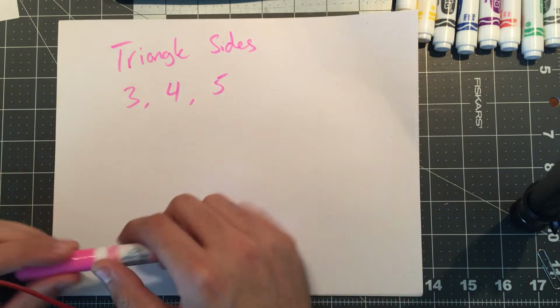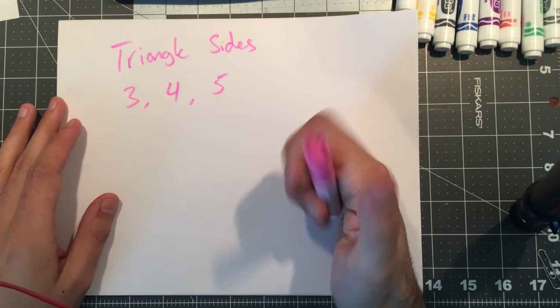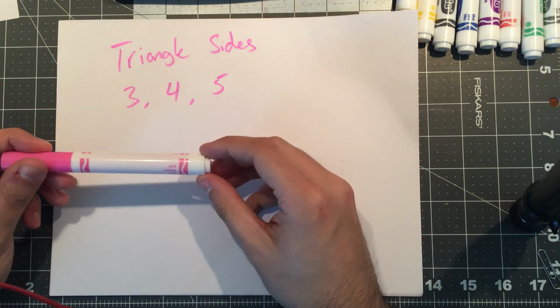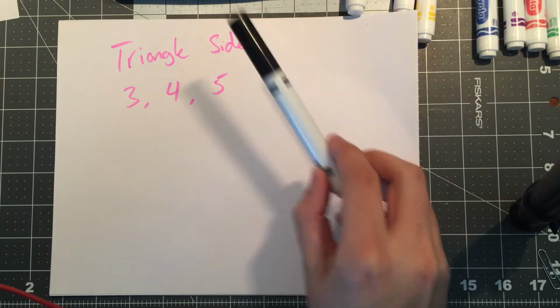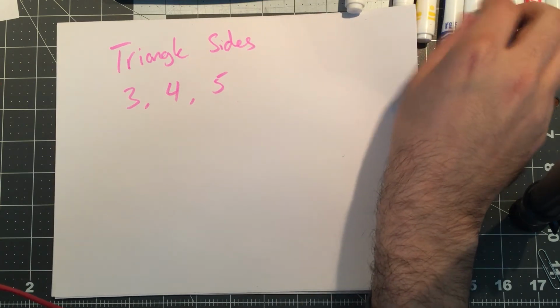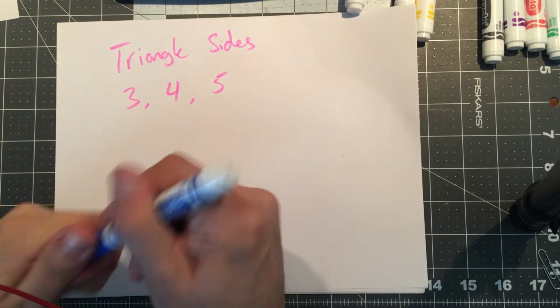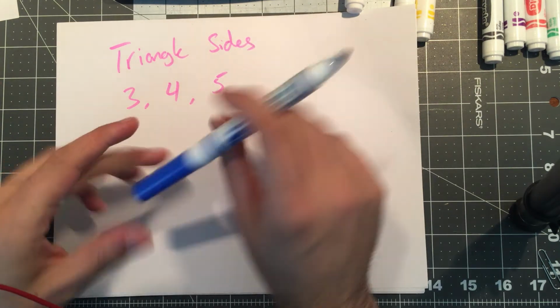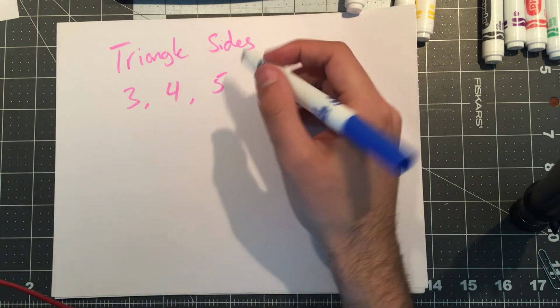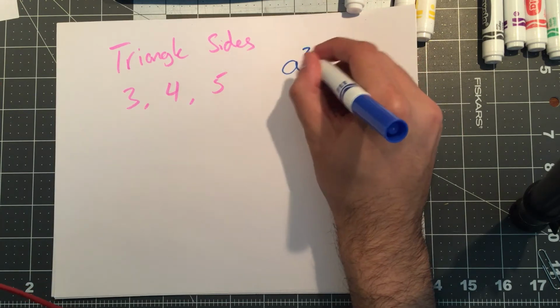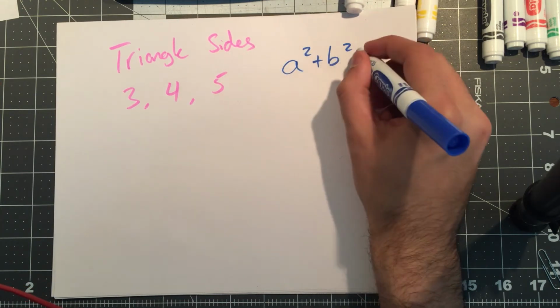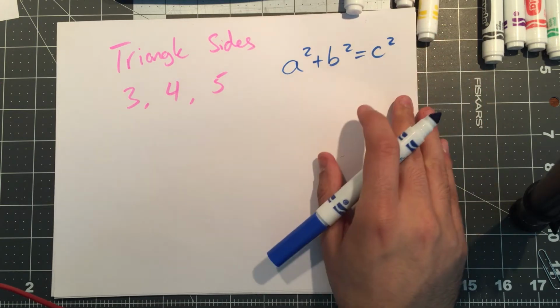They're length 3, length 4, and length 5. They can be anything you can imagine, centimeters or feet or inches or whatever you want. We can actually show and know that this is a right triangle if our rule works. So we can use it the other direction as well.